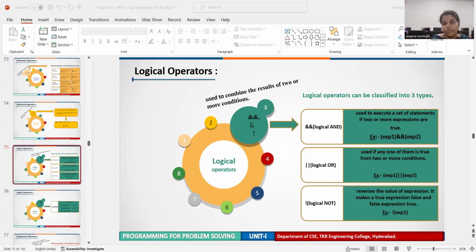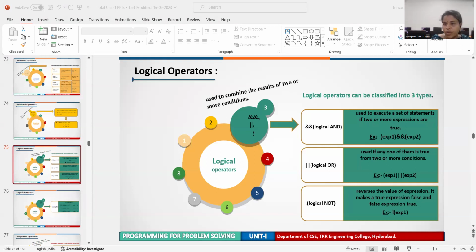Then if I am checking this expression A is greater than B, what happens here? A is 4 and B is 6. This condition is false. If I am taking the less than symbol here, A is less than B, then this particular condition will be true. True also indicates with 1. So we can write it as true.